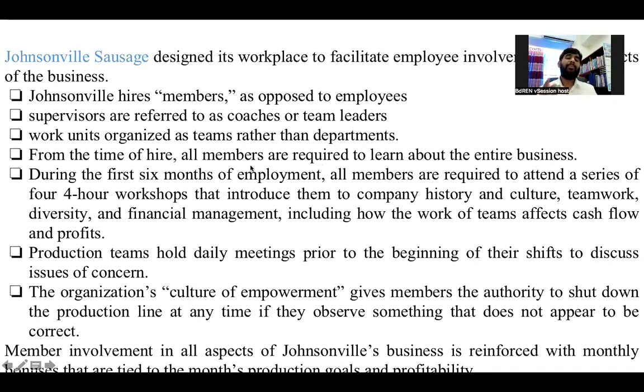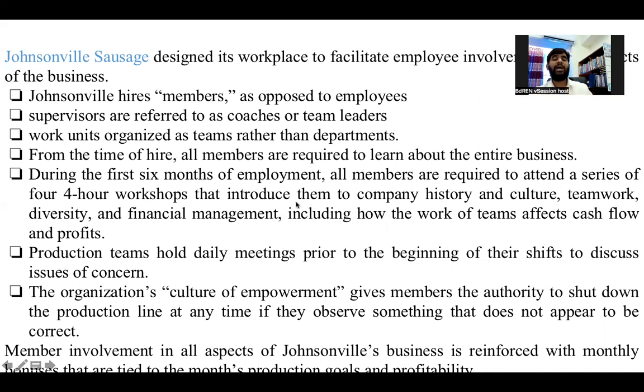So when the company gives more opportunity to know the other departments, the employees are motivated. From the first 6 months of employment, all members are required to attend a series of four-hour workshops that introduce them to company history, culture, teamwork, diversity, financial management, including how the work of teams affects the cash flow and profits.